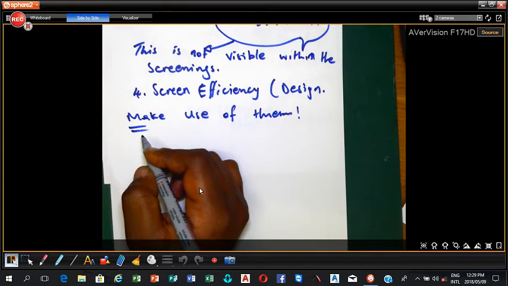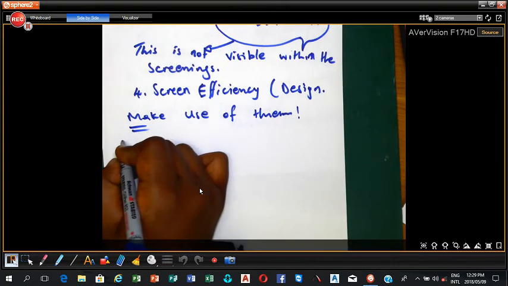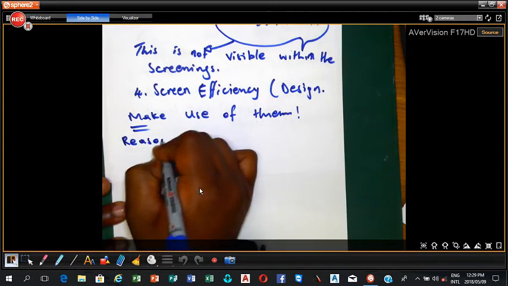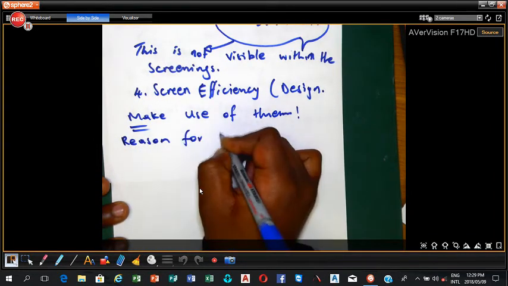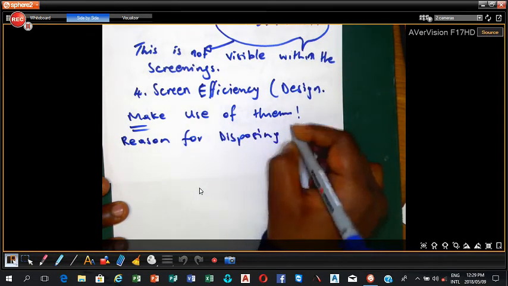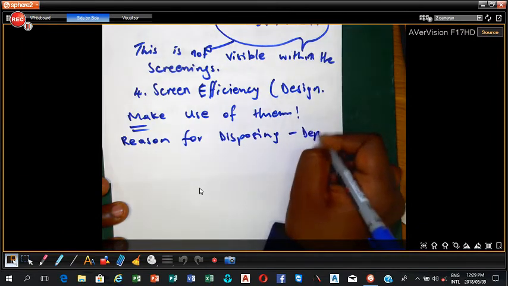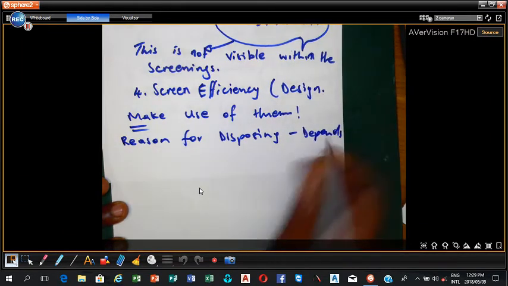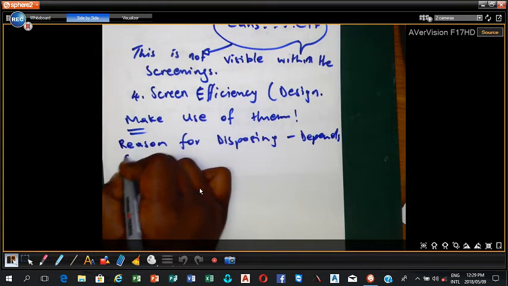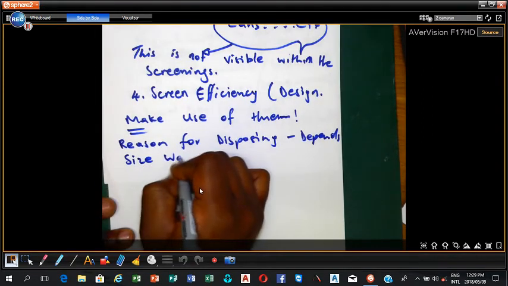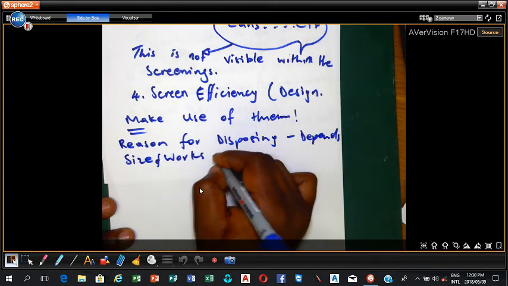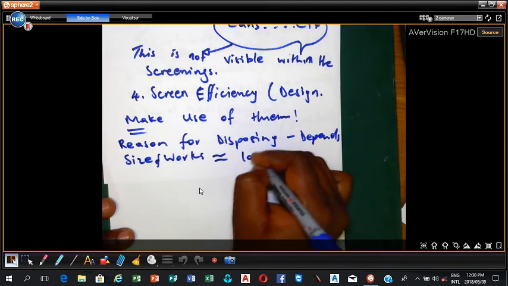But also, the reason for disposing of screens depends highly on the size of the works as well as the location.